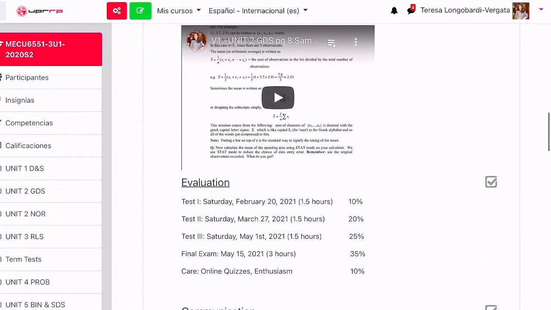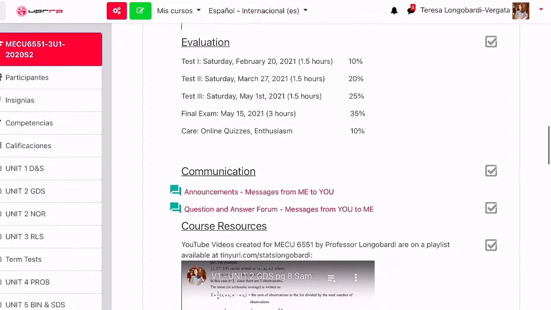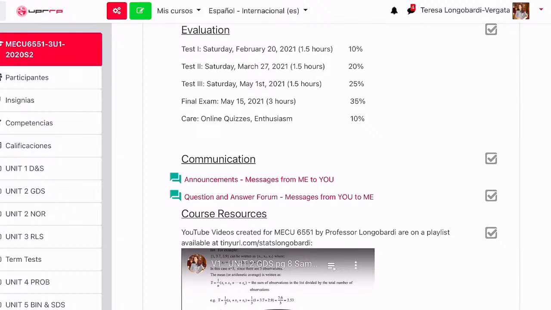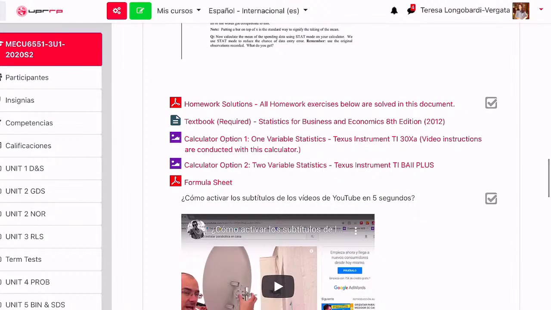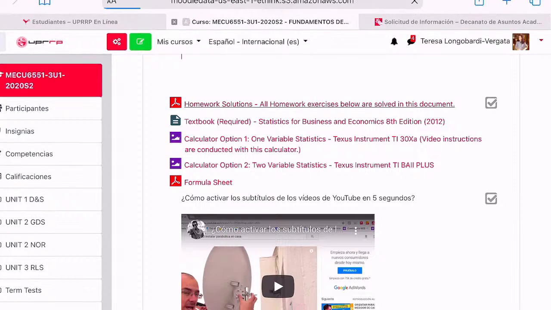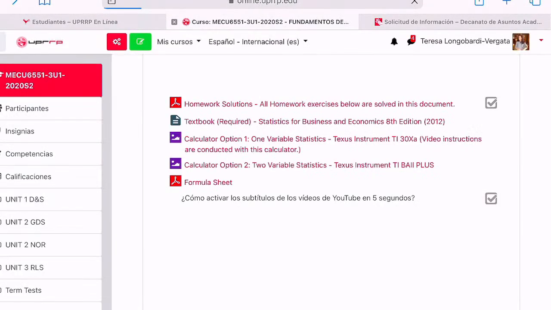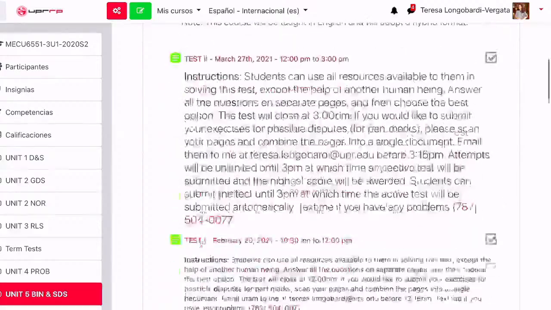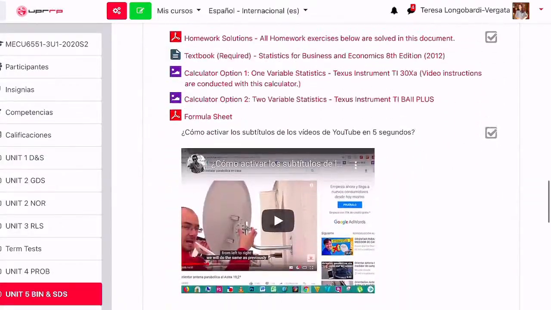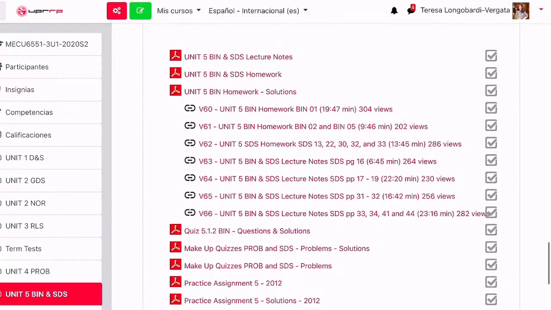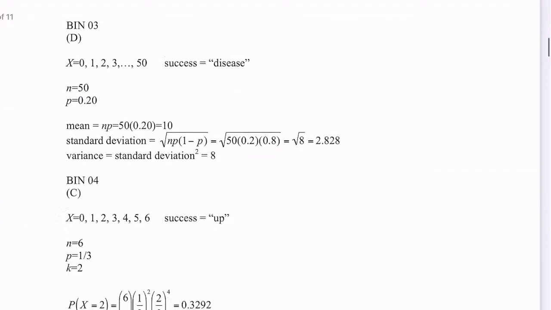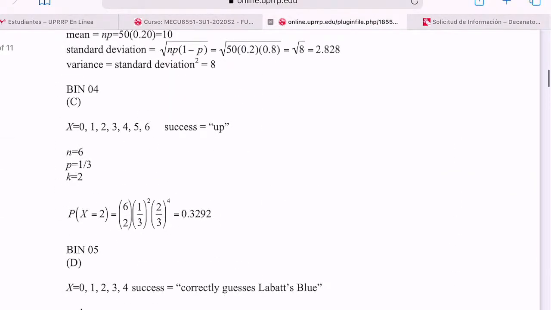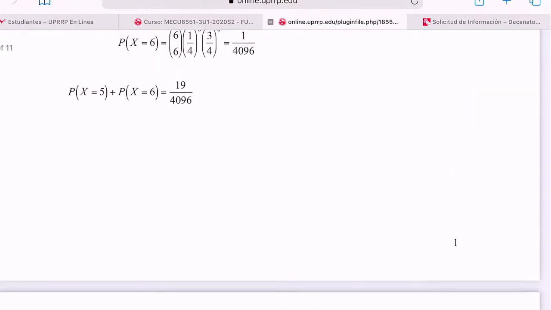No, I think I have it at the top here. So I have it, homework. So here, no, that's homework. That's all the solutions, right? So up here you have all the homework solutions here in a document. But then I also have the solutions for binomial. I believe I must have put them here. Let's see if I did. Yeah, see? This is the document of the solutions for the homework for just the bin part. And I solve all of the problems with x, n, and p. Okay, so you should practice those on your own. Now that you have an idea, if you need any help with that, please let me know.